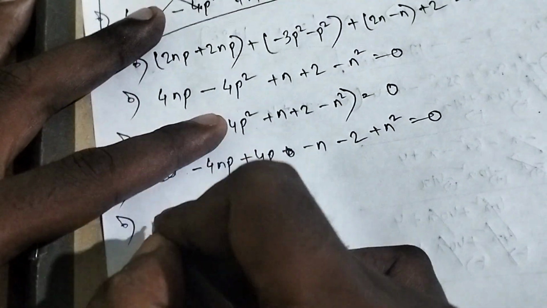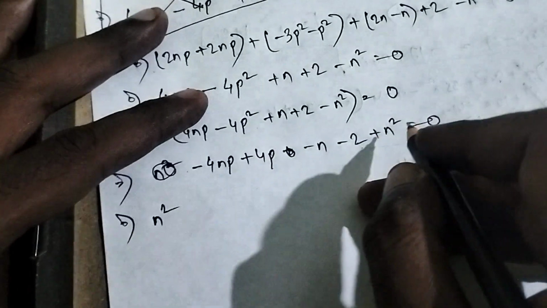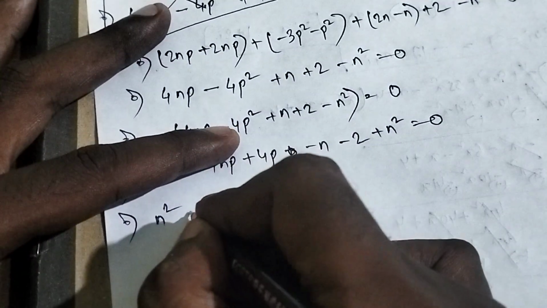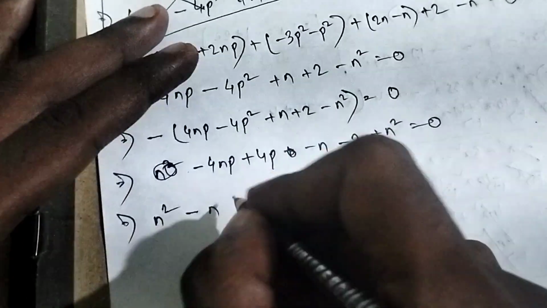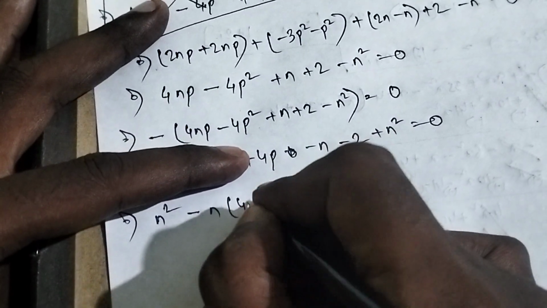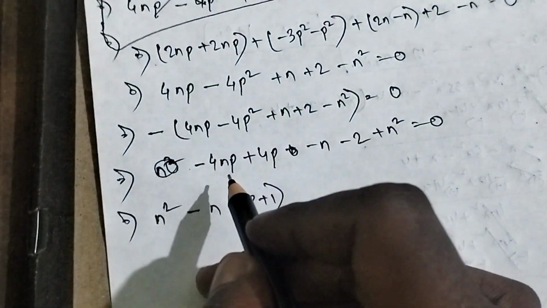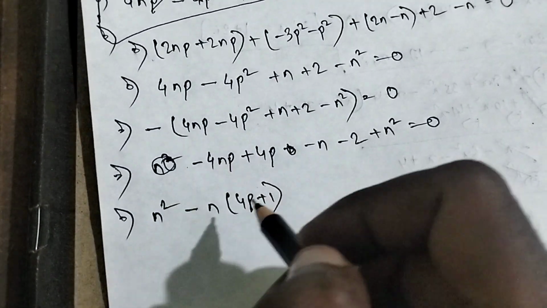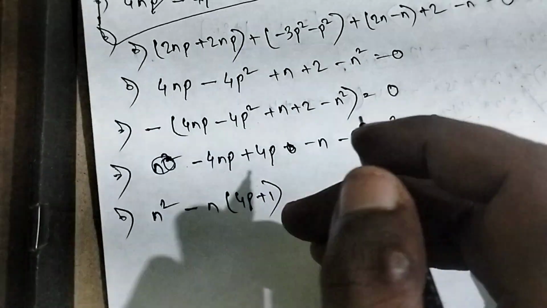So now what will I do? n square, okay, this can be written as minus n into 4p plus 1. See, here I am taking minus n common, so what will remain? 4p plus 1.